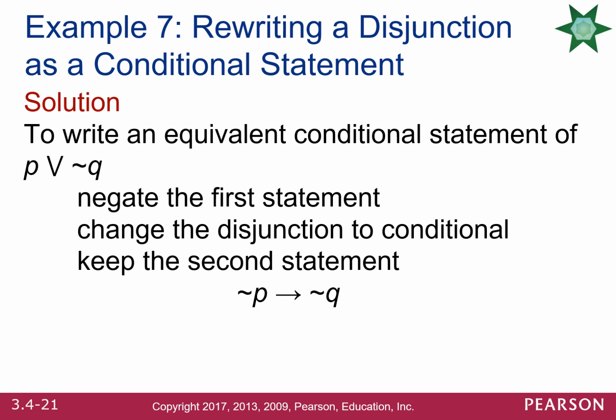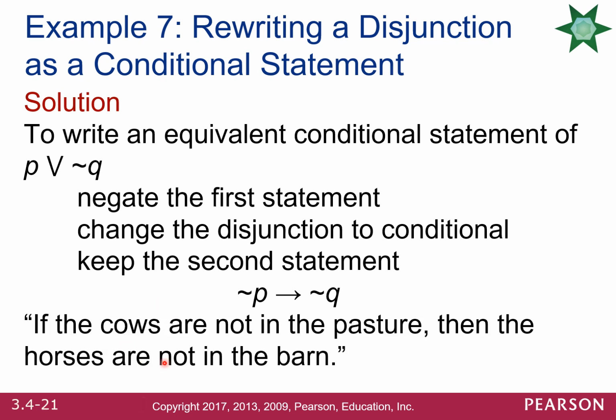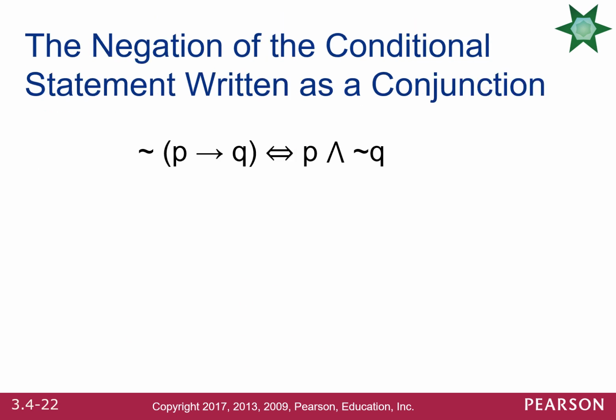So: if the cows are not in the pasture, then the horses are not in the barn. That's the way the final answer should come up. We shouldn't just keep it in symbolic form. We should rewrite it and state it in words.